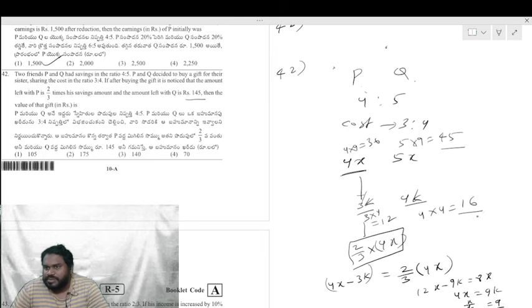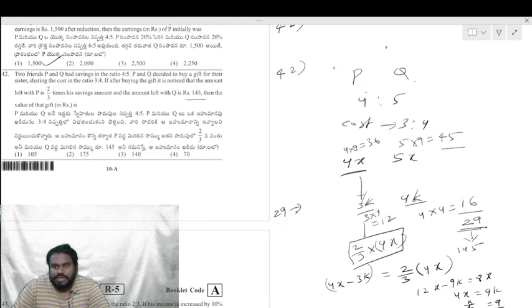So 45 minus 16 is 29 parts. So 29 parts is equal to 145. The value of that gift in rupees, the gift amount is what? 12 plus 16, 28.